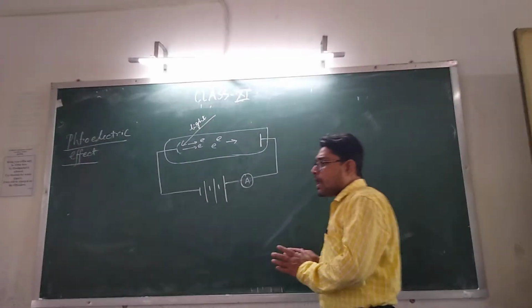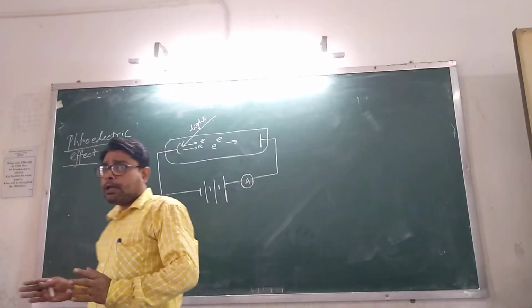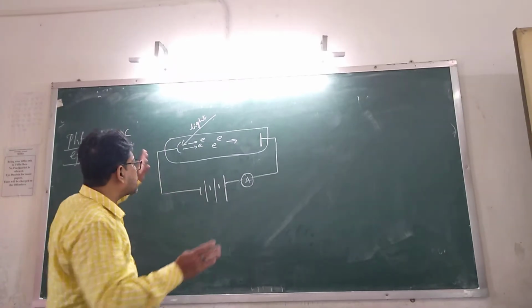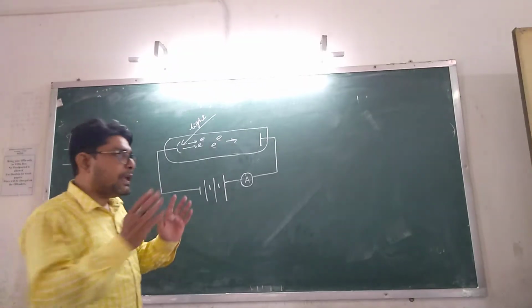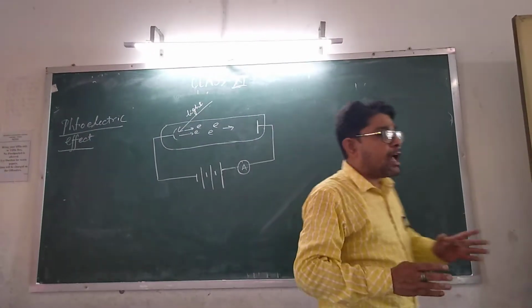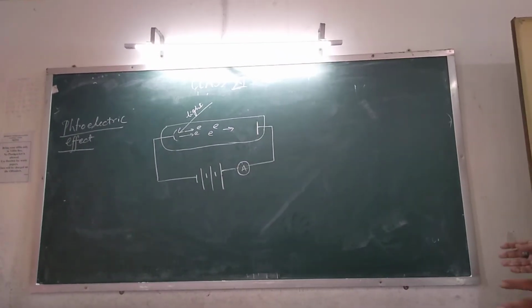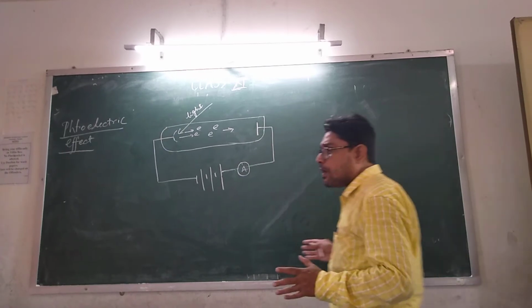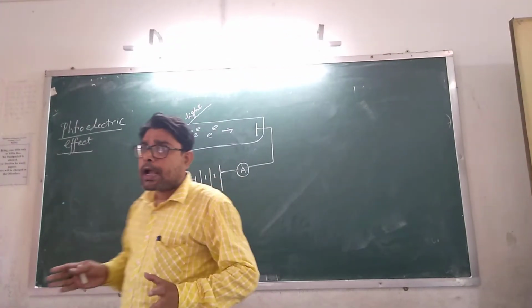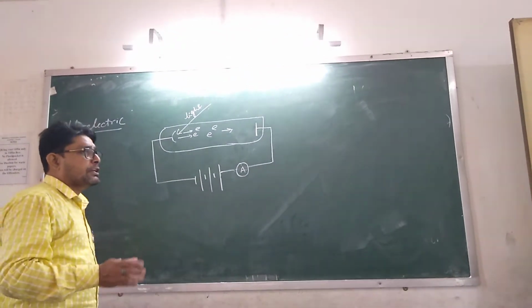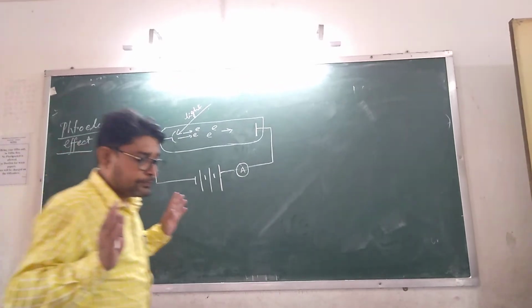The intensity of the light is proportional to the number of electrons ejected. If the intensity of the light is high, the number of electrons ejected will be more. But the intensity of light is not related to the kinetic energy of the ejected electrons.